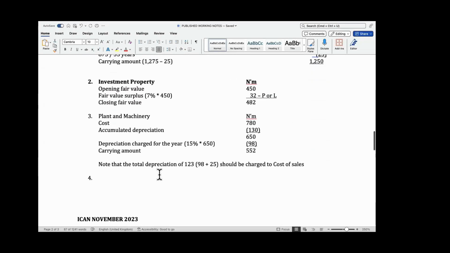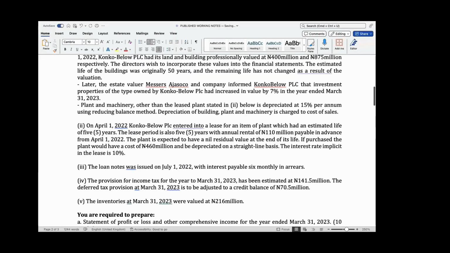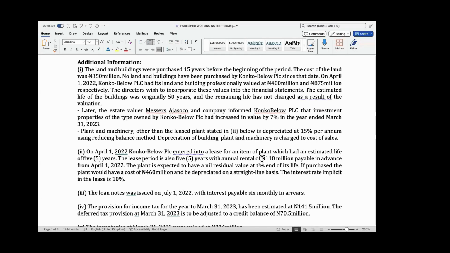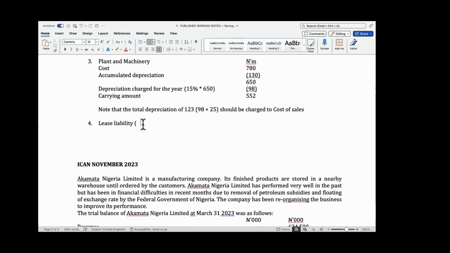So my lease liability first, at the inception of the lease. When is the inception of the lease? On 1st April 2022, which is the beginning of the year. I will just get the present value of unpaid lease rentals.